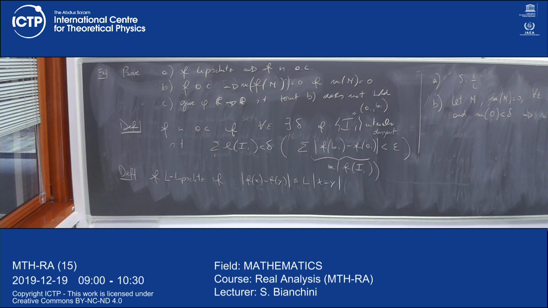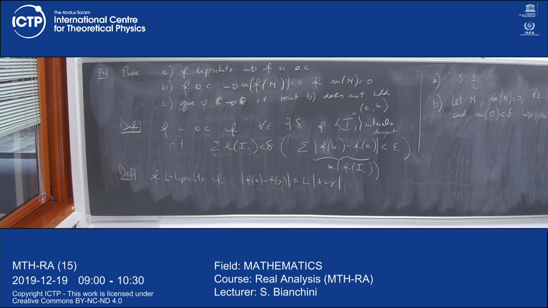Okay, so it tells you that the measure of f of the union is less or equal than the sum, because the image of the union is the union of the images, and then the union might not be disjoint, who cares? At least you get the sum of m of I, which is less than delta, and this is less than epsilon.